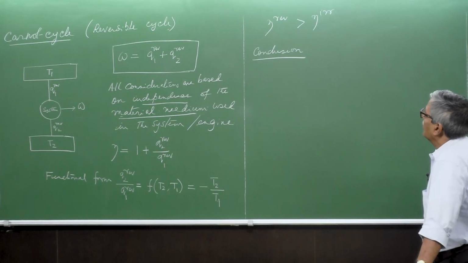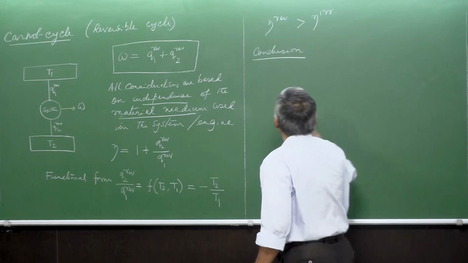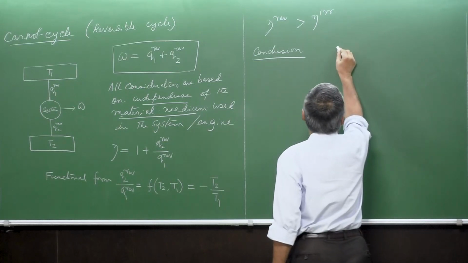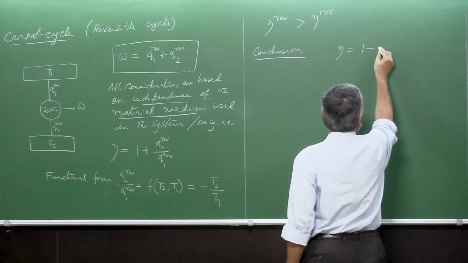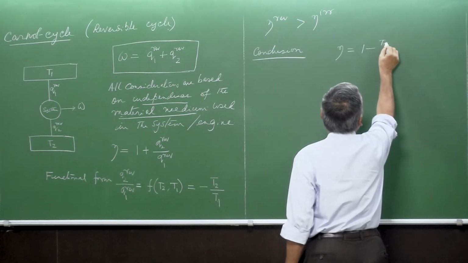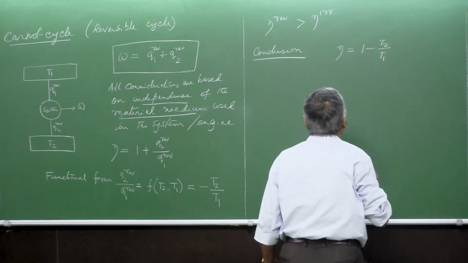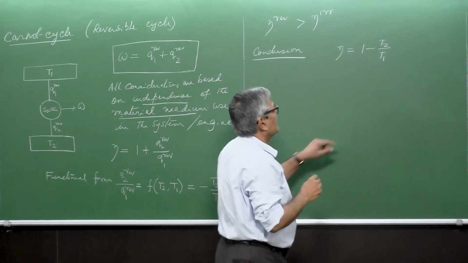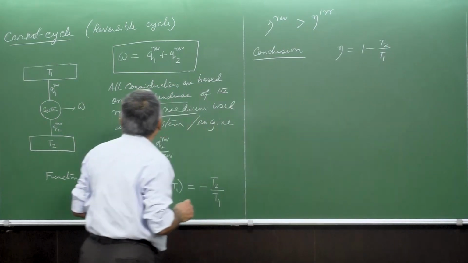We can redefine eta clearly as 1 minus T2 by T1, and you can see the efficiency increases as we lower the temperature of the sink.